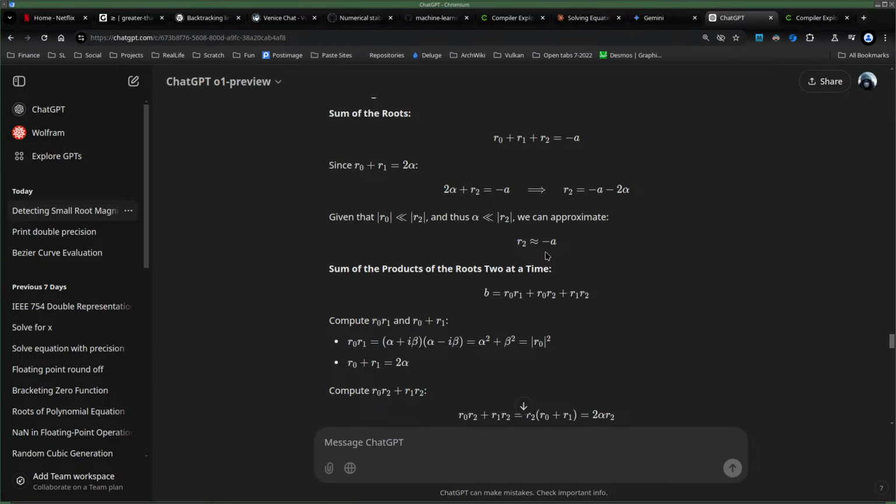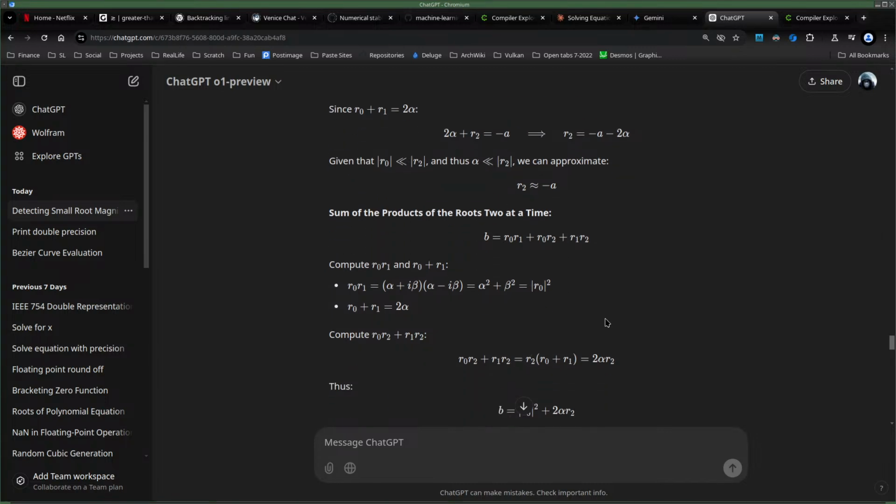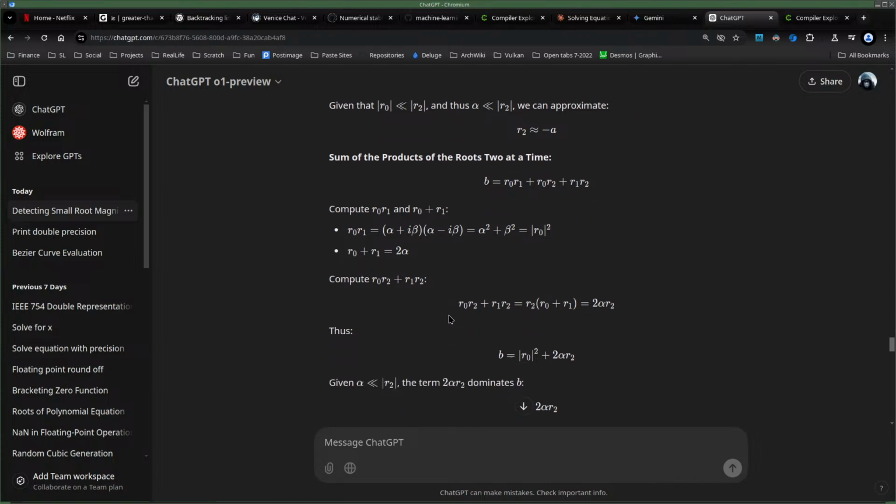That's interesting. So now R2 is the negative of the coefficient of the x squared, the squared term, in this case. Sum of the products of the roots 2 at a time, that was B. And this is that. R0 plus R1 is 2 alpha still.